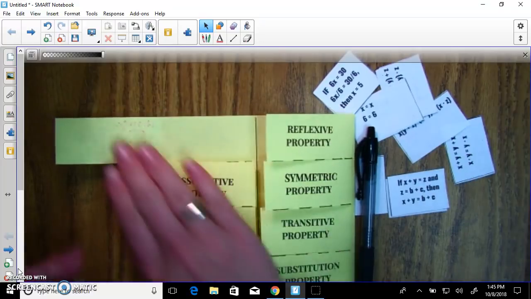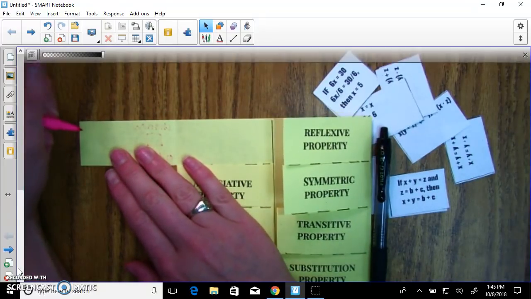So we can write the definition on the left side right here.